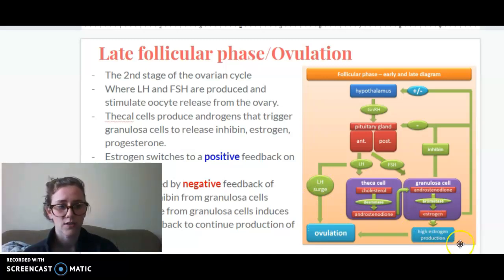So here it just shows that estrogen is contributing to ovulation, but progesterone also plays a role. So LH and FSH will help stimulate the release of the oocyte from the ovary, and then we will go from there.